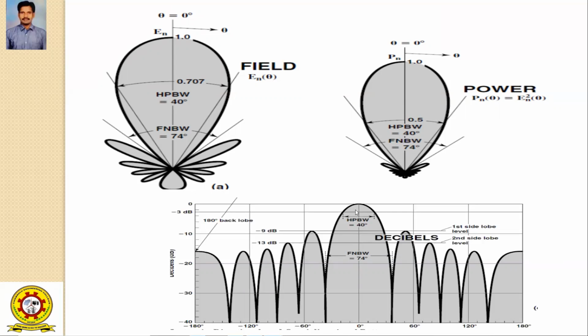Other than the major, the other lobes are called minor. In minor, we classify side and back lobes.